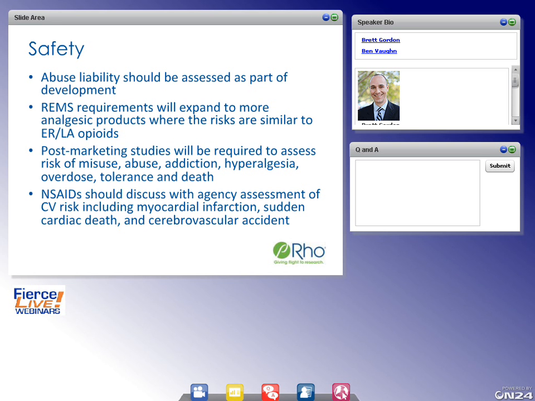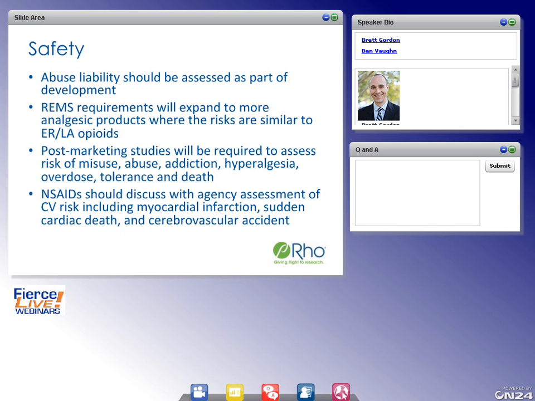As of this time, they haven't been more specific. They also expect to have post-marketing studies and further ongoing observation with all these products. And again, just speak with the agency about what their expectations are.